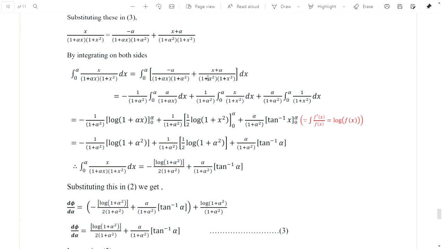Here we are doing integration with respect to x, so this alpha by (1 plus alpha squared) is treated as constant. So this 1 plus alpha squared, I brought it outside. So minus 1 by (1 plus alpha squared) into integral of 0 to alpha, we will be left with alpha divided by (1 plus alpha x) dx. And I'll tell you why I have written this alpha inside the integral.